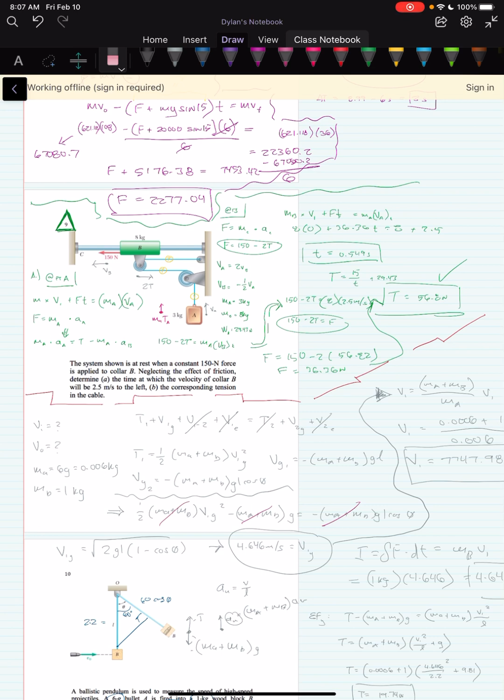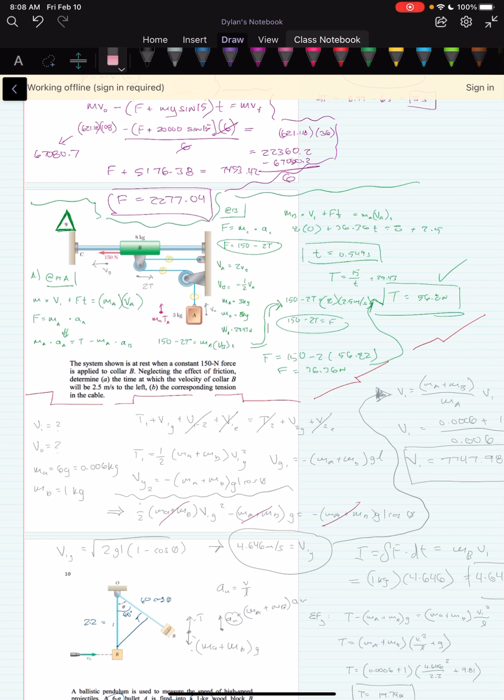And so I used my conservation of energy formula and wrote down all of the values that were given. I was able to make 2 different equations, a series of equations, set those equal to each other, and solve for time. Once I had that time, then I could go back and solve for the actual tension.